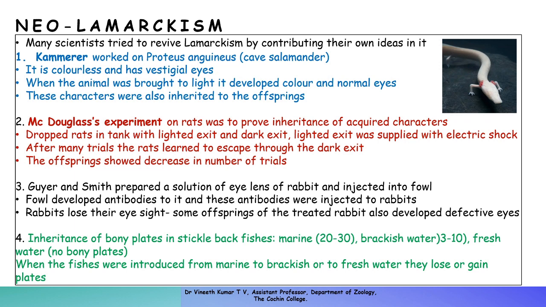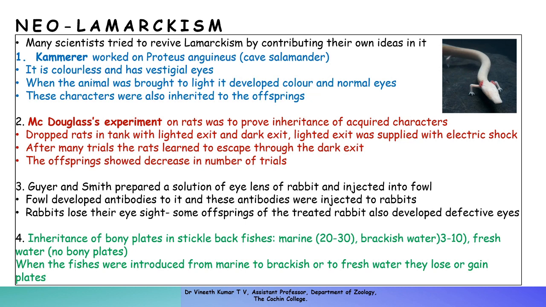And it was seen that when these salamanders reproduced, the color as well as the vision was inherited by the offspring. But this cannot be taken as a full proof for Lamarckism, because these can be taken only as adaptation to a particular environment.